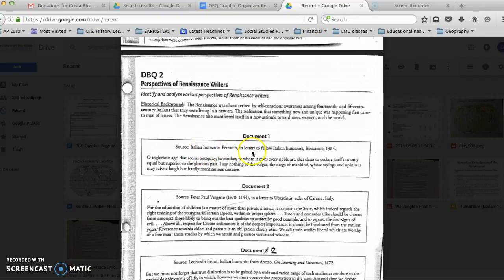Petrarch describes the Middle Ages as, comma, in quotes, "oh, inglorious age that scorns antiquity, its mother," end quote, and then you analyze that, right?